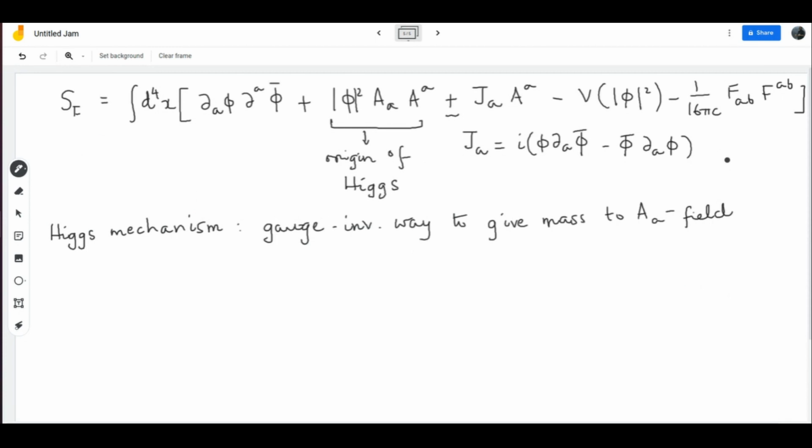It came out from the way we did the Noether coupling. And it is also responsible for giving a mass to the A field. Now, you could ask why you want to give a mass to the A field. Electromagnetism is a long-range force and there is no need to give it a mass. I agree. But remember that Higgs had proposed this as a toy model, and the toy model is going to be generalized to explain why the weak interaction is short range.